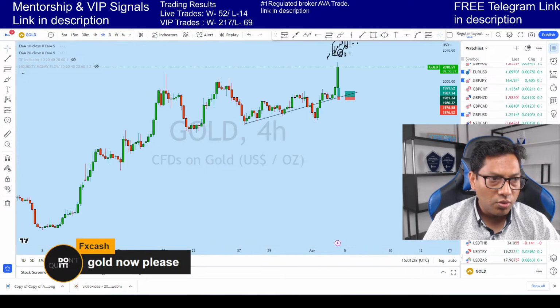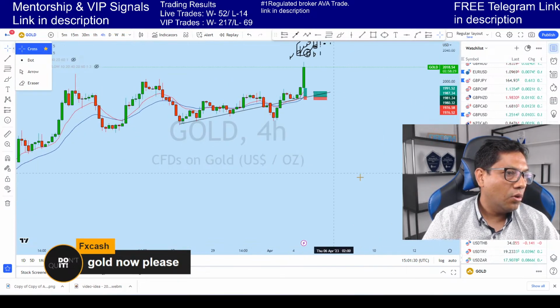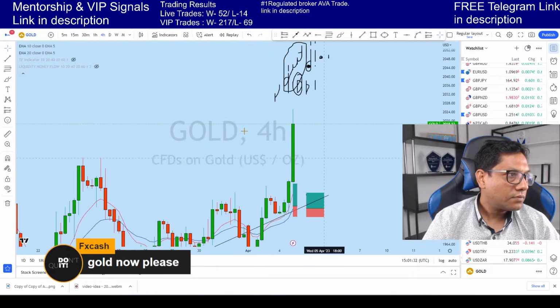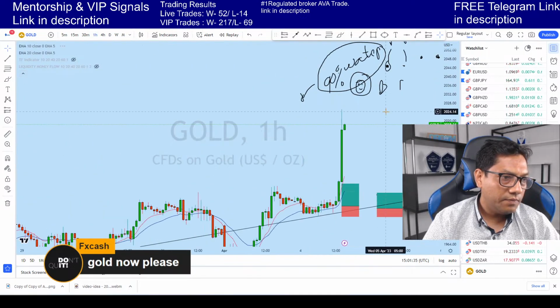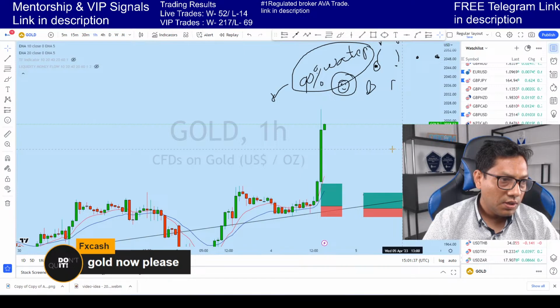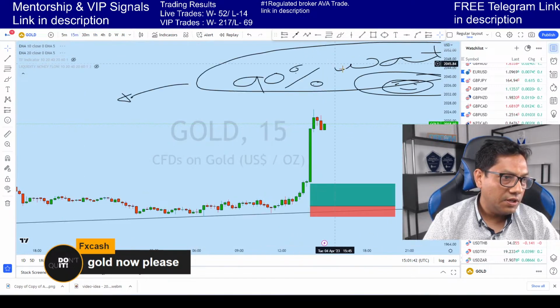Going back to gold. We see that on the 1 hour candle close, this is a very strong bullish candle. Let me see.